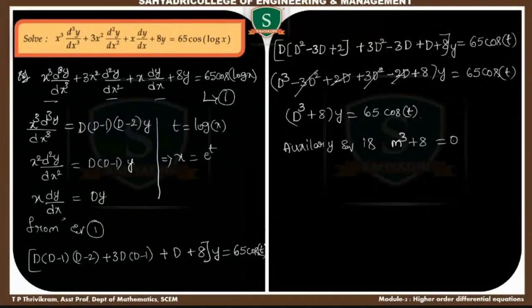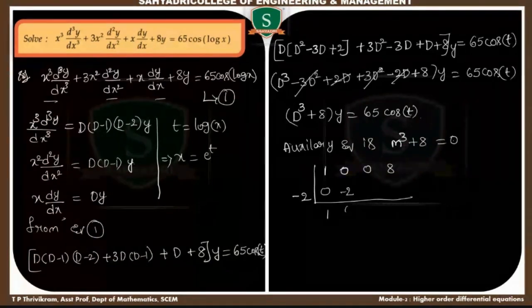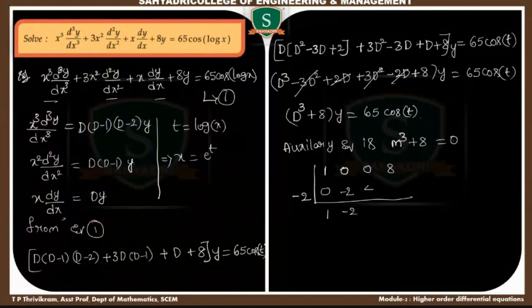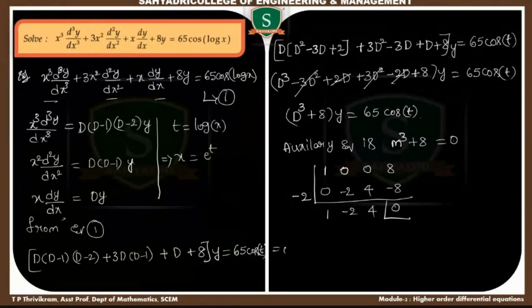So m cube coefficient is 1, m square coefficient 0, m coefficient 0, constant is 8. What will be the initial solution? Minus 2. So you have to write minus 2, add 1, minus 2, 0, sorry, minus 2 into minus 2 will get plus 4, add 4, minus 8, add 0.